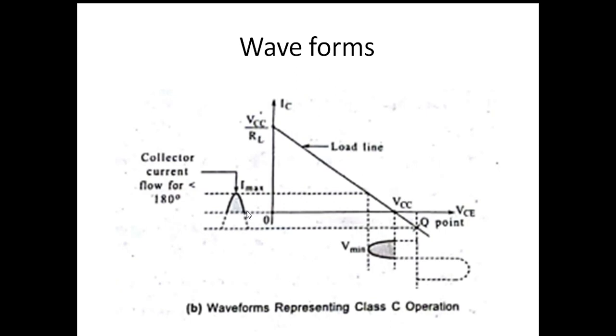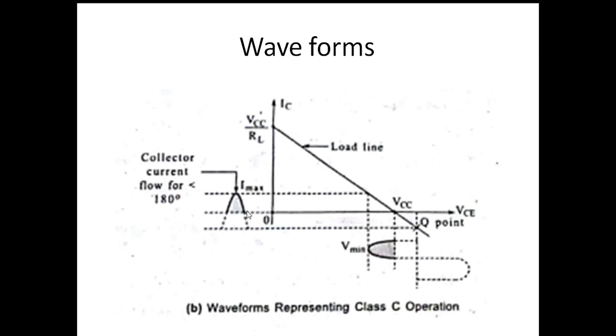So the selection of operating point plays an important role for the different classes: class A, class B, class AB, class C amplifiers. Since we are amplifying a very small amount of the input signal, the efficiency is increased.